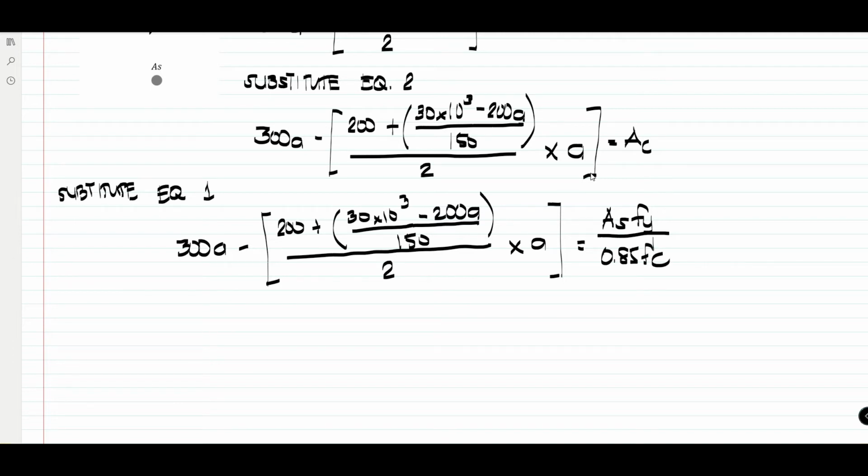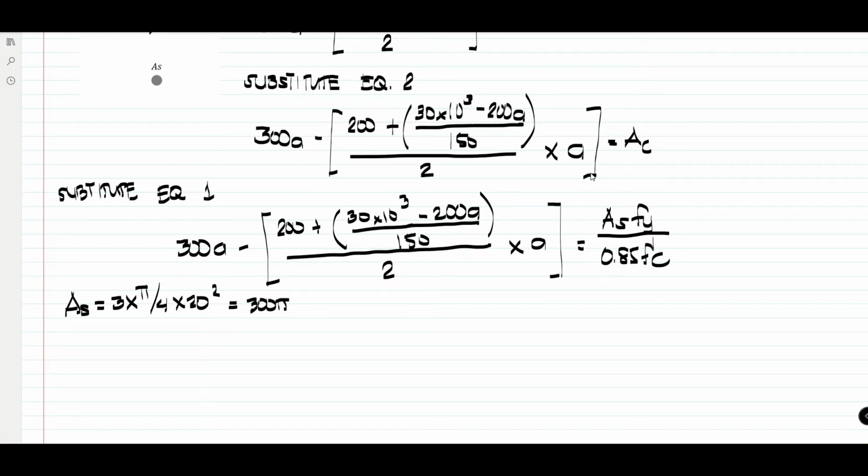Ngayon, ang wala tayong value is yung AS. So, we get the value of AS by, so that is just, yung rebar natin is tatlong diameter 20. So, that is 3 times pi over 4 times 20 squared. So, that will just be equivalent to a value 300 pi.